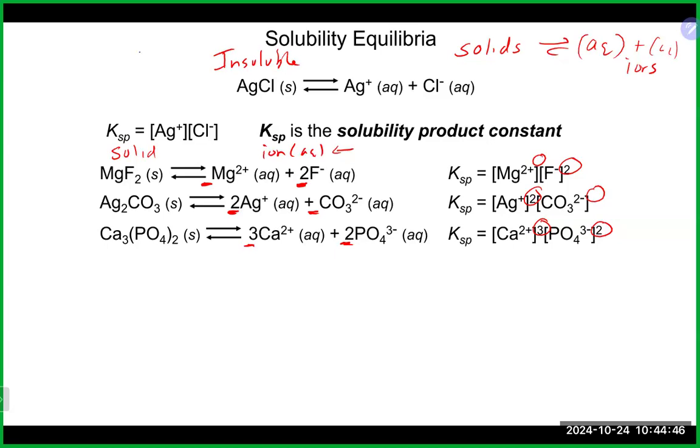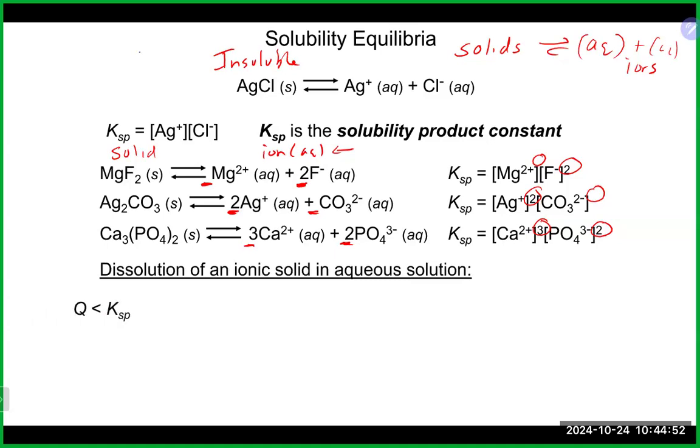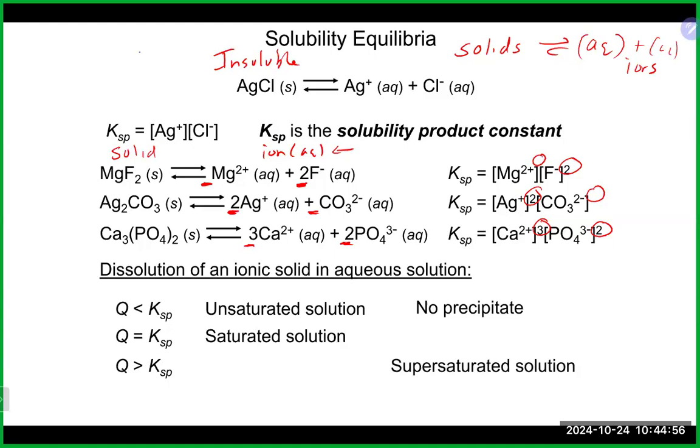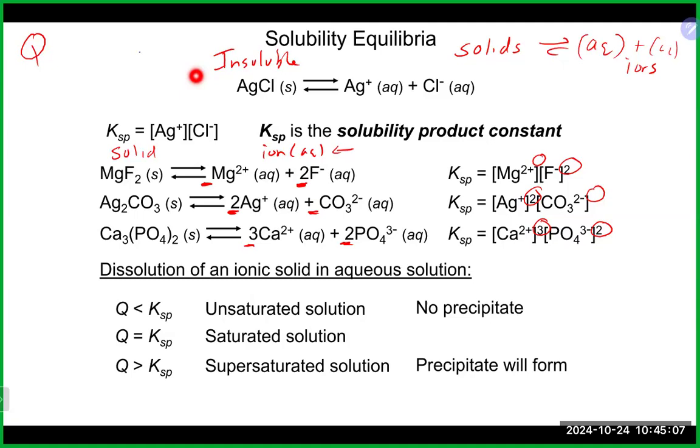Now, we could also use this to help us decide, for example, will we actually get a solid to form? And we could use our friend Q that we saw earlier. Q is still the same thing. Q is the reaction quotient. And if you remember, we used it when we did equilibrium to decide, is the system at equilibrium?